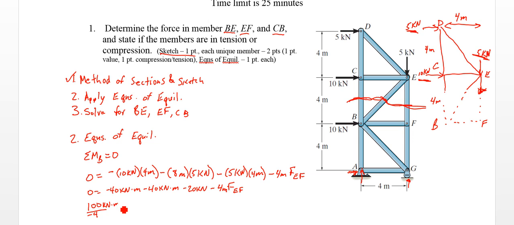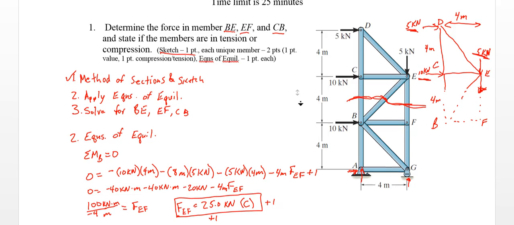Kilonewton meters over 4 meters equals F_EF. So F_EF equals 25.0 kilonewtons, and that is a negative number, which indicates my sign here is backwards, which means that's a compression member. So there's that value. I get 1 point here for this equation of equilibrium being correct, 1 point for this value being correct, and 1 point for the compression or tension being correct.